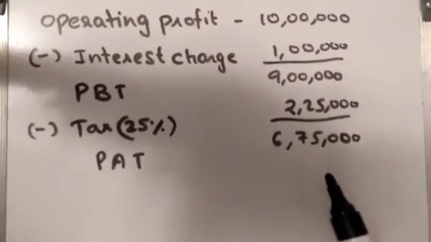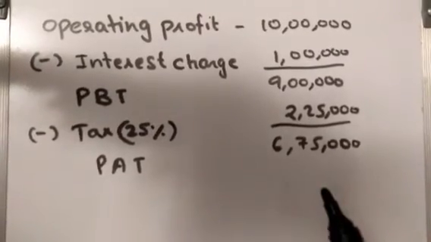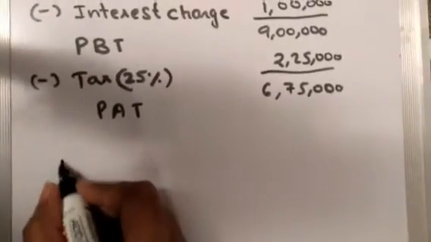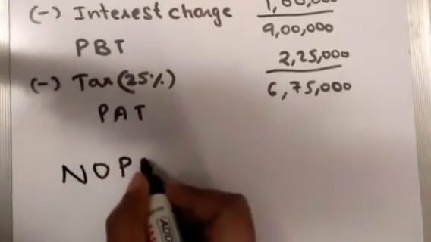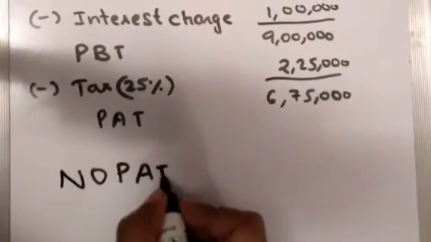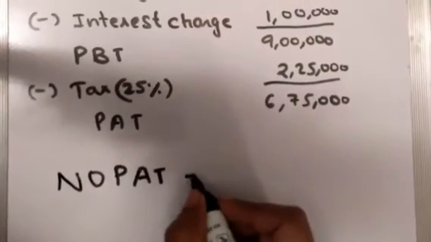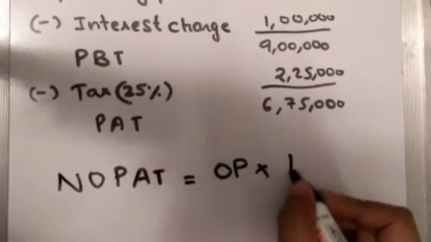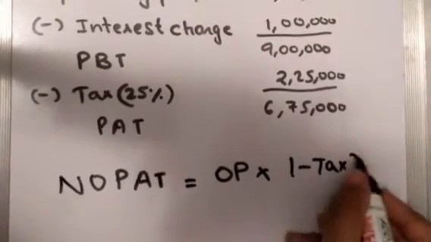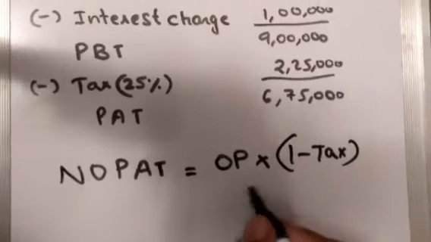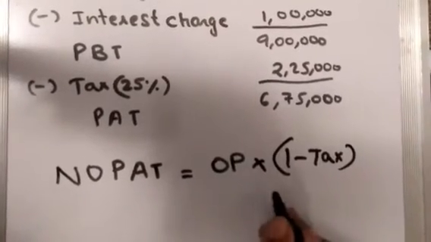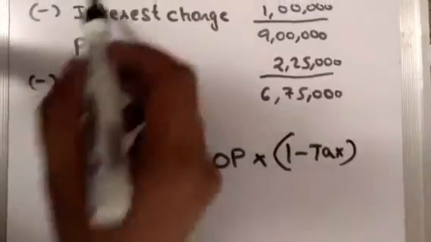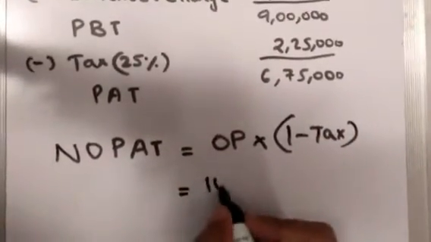That is net operating profit after tax. We know that NOPAT is equal to operating profit into 1 minus tax. This is the formula. Here the operating profit is 10 lakh, which is given in the question.